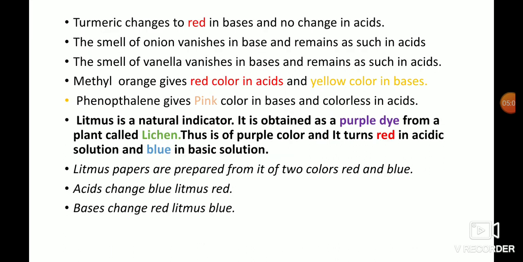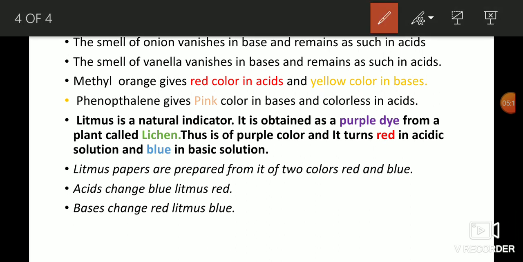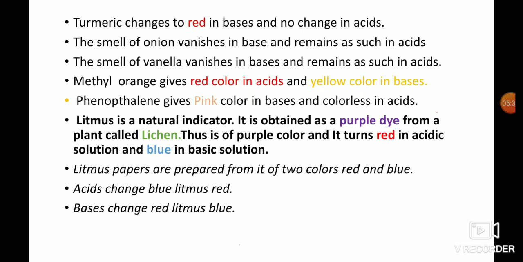So let us discuss the nature of these indicators one by one in brief. If we take the example of turmeric, and we are here to test whether a substance is acid or base, how can we check it with the help of this turmeric? Students, if we drop turmeric in base, its color changes to red.